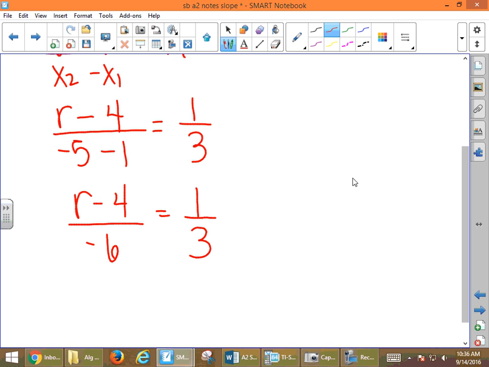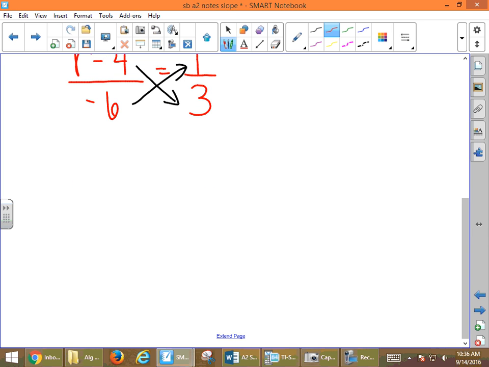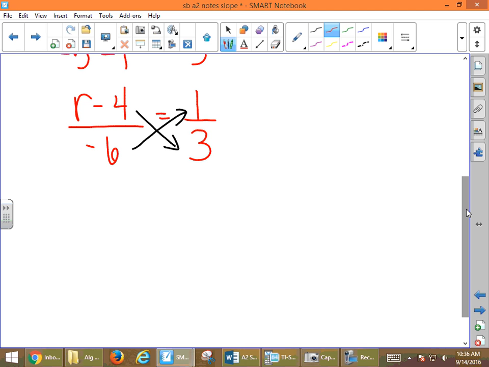Well, the technique that I like is cross multiplying. If we cross multiply, we're going to multiply these two values together, and we're going to multiply these two values together. Then we end up with 3 times r minus 4 equals negative 6 times 1.